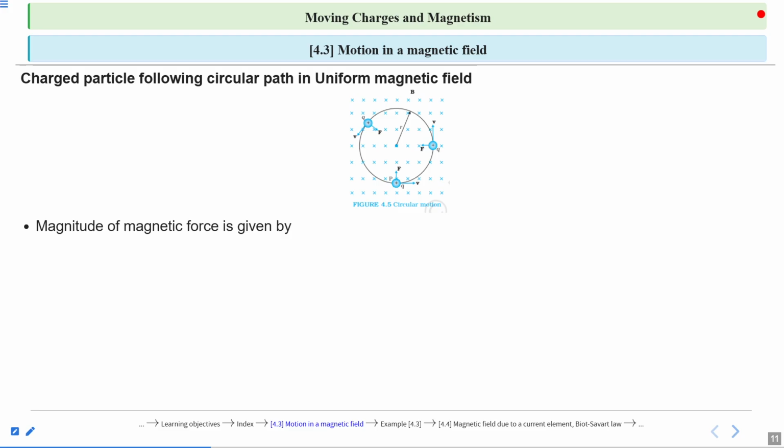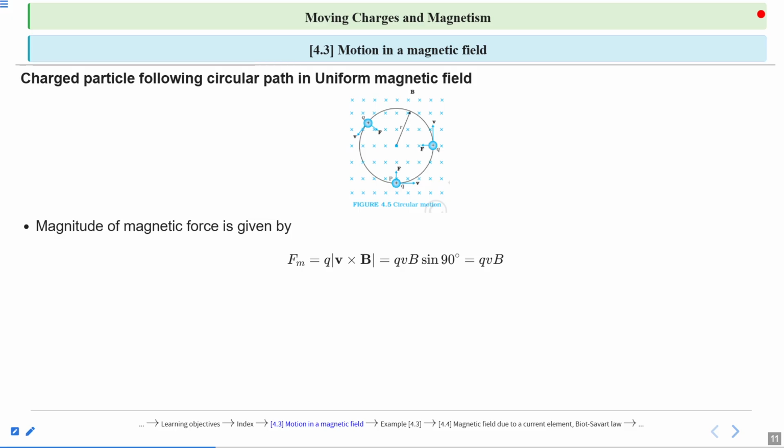So what is the magnitude of the magnetic force? Fm is equal to q v cross B, and we are taking only the magnitude here, not the direction. Direction we can find at any instant using the right hand rule for vector products, as shown in the figure. So the magnitude of the magnetic force is Fm equal to qvB sine theta, and theta here is 90 degrees because the velocity is perpendicular to the magnetic field.